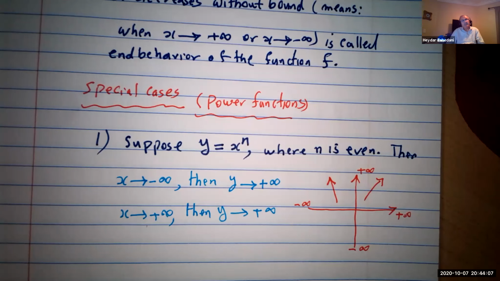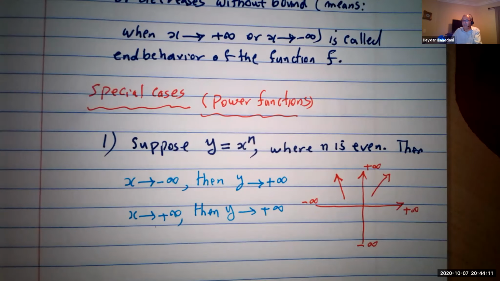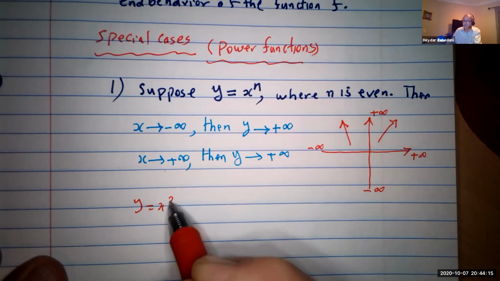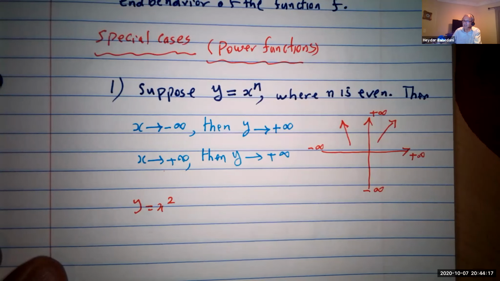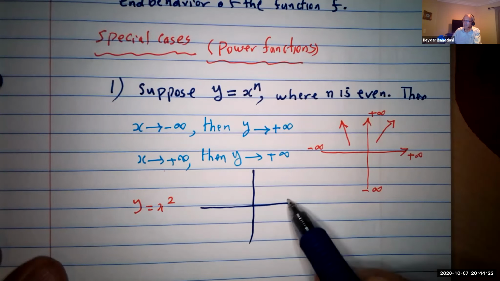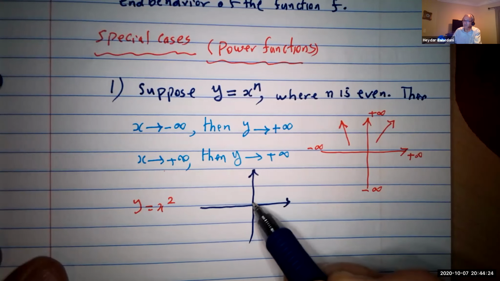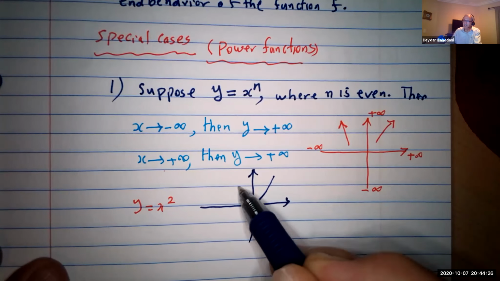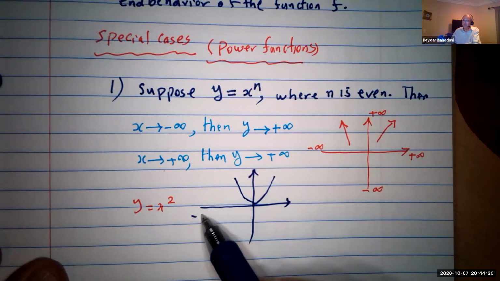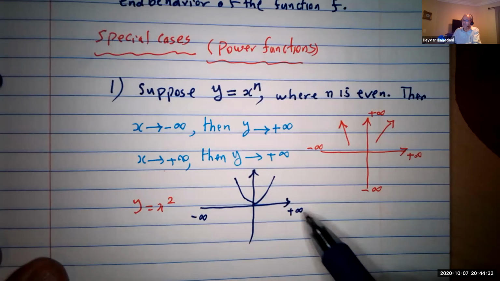And that would be useful for us. The example is if you get y equal to x squared. You know that this is a quadratic function. We talked about it. So if you want to graph it, this is going to be the graph of the function: up, up in this case. And this is a negative infinity, and that's a positive infinity.